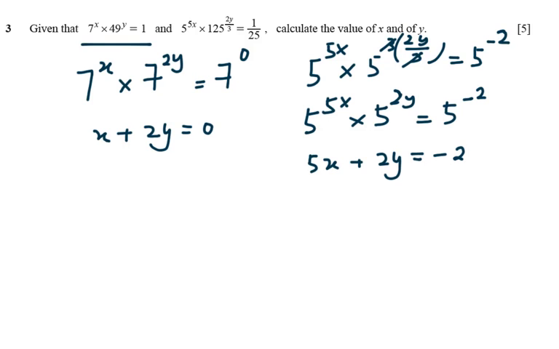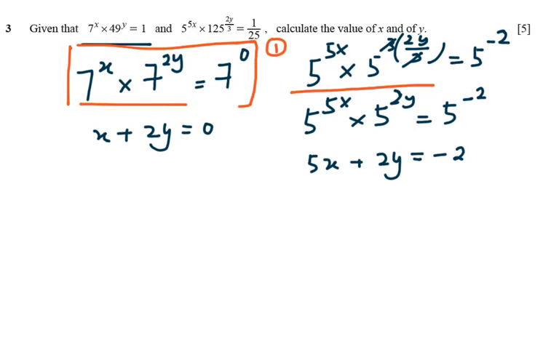Up to here, you will be able to get 3 marks already. The first mark will go to when you simplify 49 and 125 into the simplest base. So either this or this, you will get your first mark. The next mark will go to when you have the whole equation as 7 to the power of x times 7 to the power of 2y equals 7 to the power of 0.